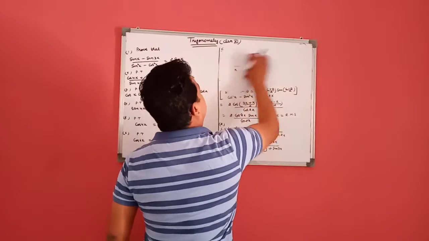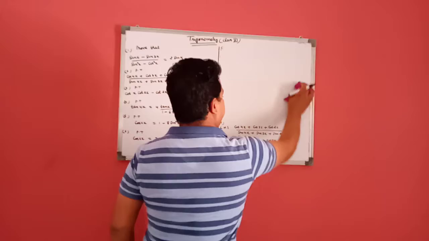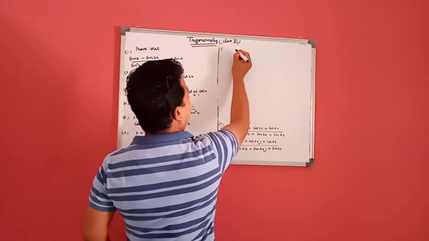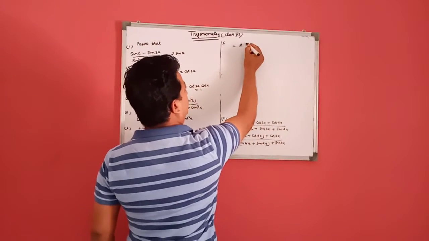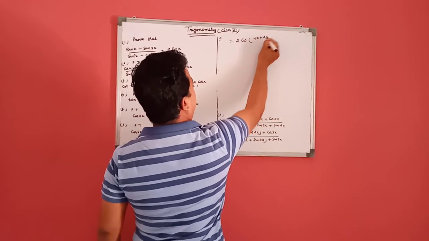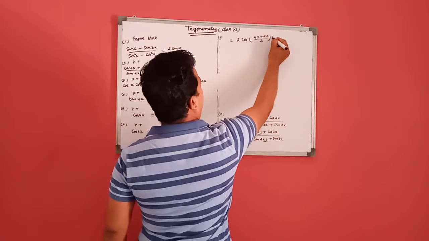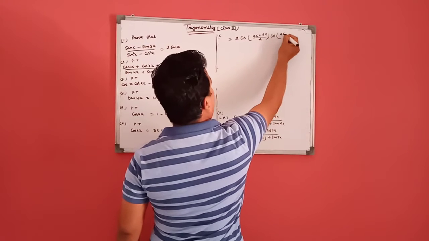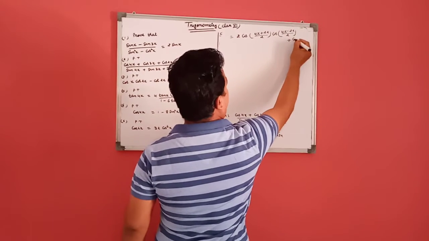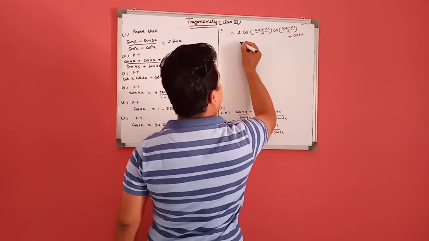When we apply the CD formula, that is cos C plus cos D, we get 2 cos (C plus D)/2 into cos (C minus D)/2 plus cos 3x.